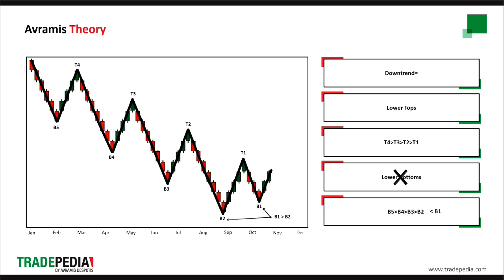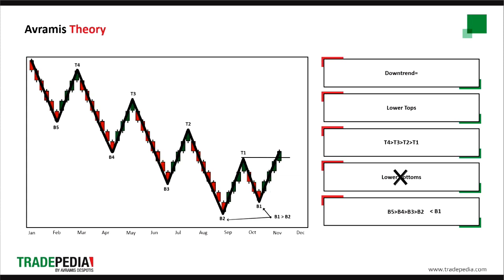When will this downtrend become completely destroyed? This downtrend will become completely destroyed when it loses the second element, when it loses the lower tops. So when prices move above this top, this will be the moment that this downtrend is completely destroyed.